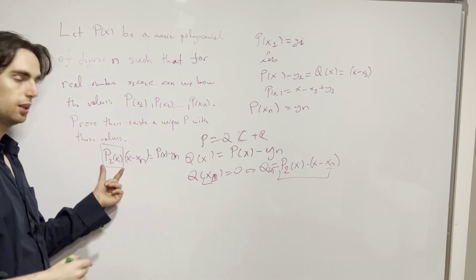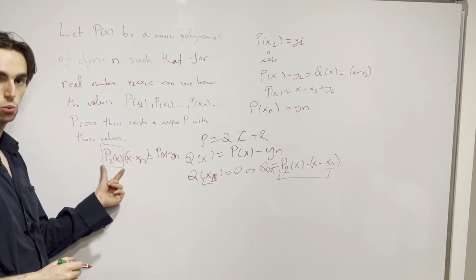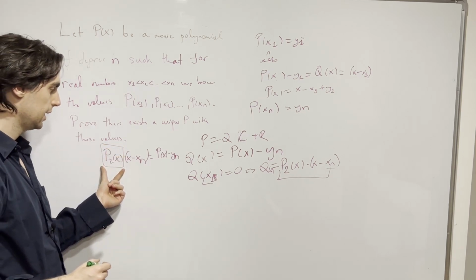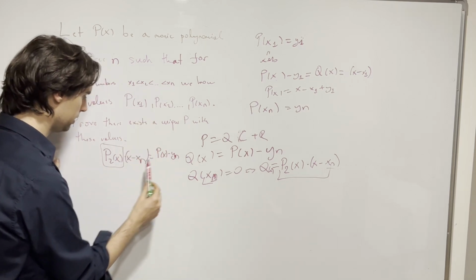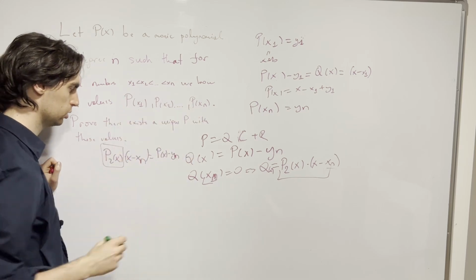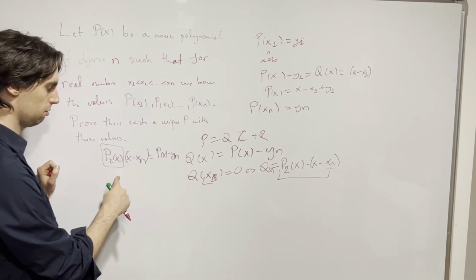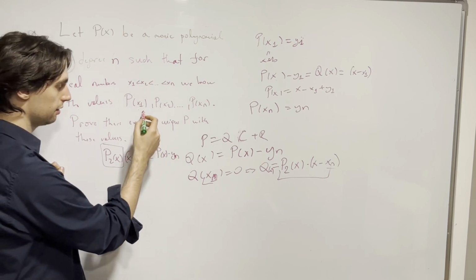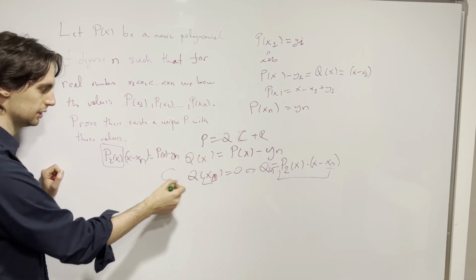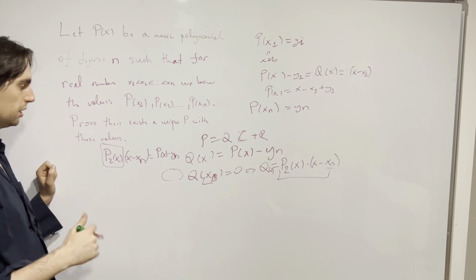This is a polynomial of degree n minus 1. And for x equals x1 through x(n minus 1), we will get n minus 1 different values on this side. They can be 0, they can be non-zero.